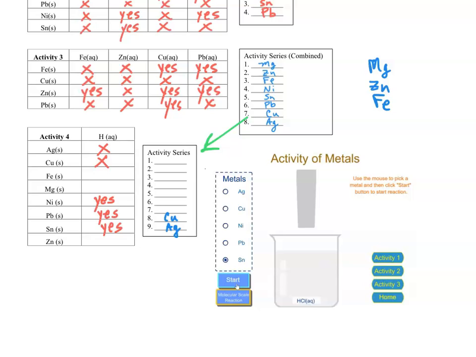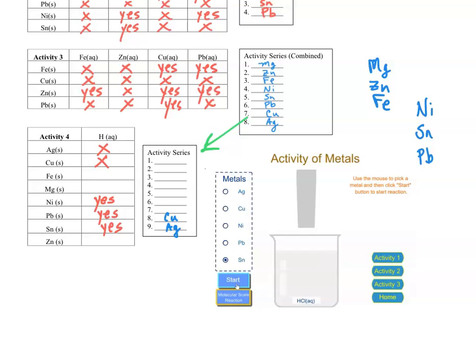All right, so then on activity number 4, we've got nickel, lead, and tin. All right, nickel, lead, and tin, and those should be in the order of nickel, tin, and then lead, in that order relative to each other. All right, now from the blue list here, we know that nickel should be below iron, so as a group, these are in the correct order.